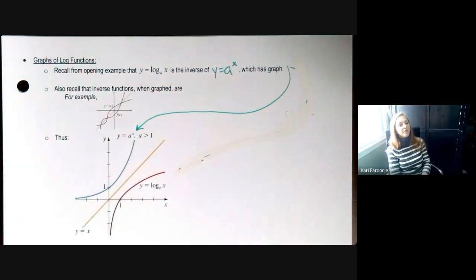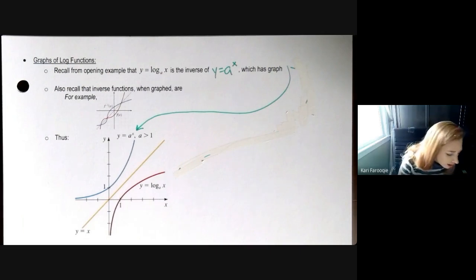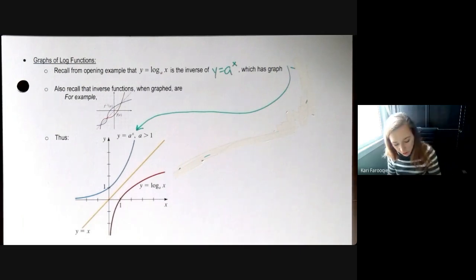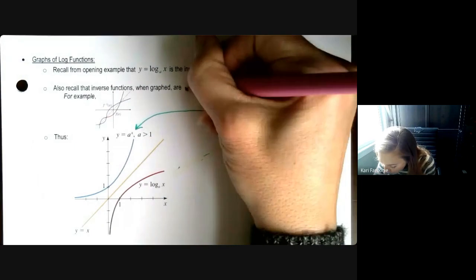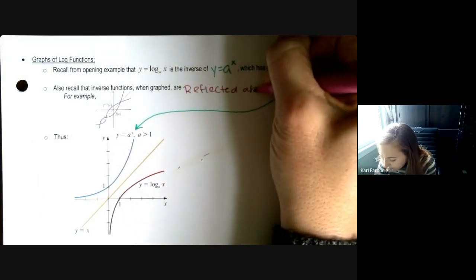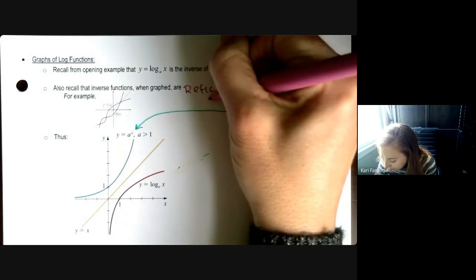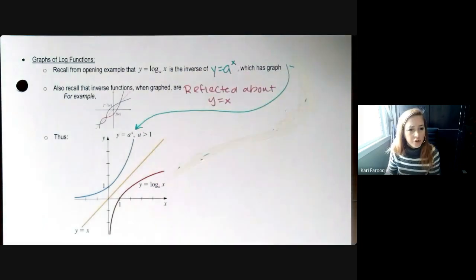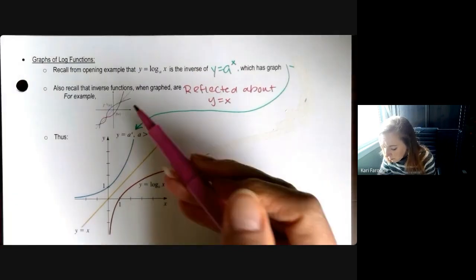Good. Also recall that inverse functions, when graphed, are reflected about the line y equals x. So you can kind of see that here in this little graph.